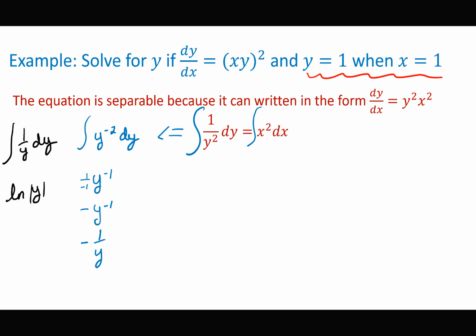We can bring it up to the top, make it a negative exponent, and keep going. But if it's simply 1 over y, that is natural log of y, because if we wrote this as the integral of y to the negative first dy, add 1, we get y to the 0, and then 1 divided by 0, and that can't happen.